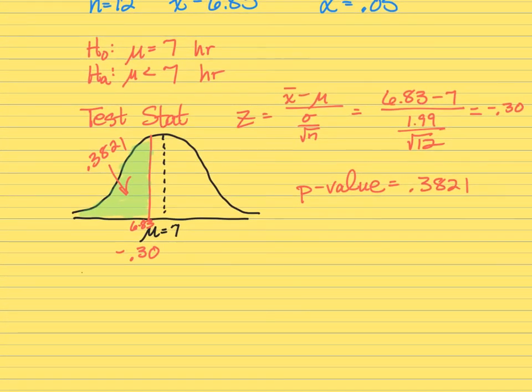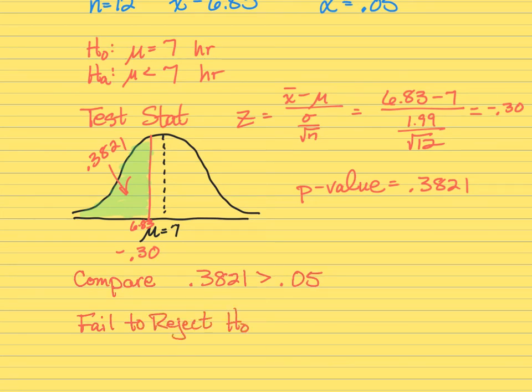Now remember what we do. Once you have your p-value, you compare your p-value to your significance level. 0.3821 is definitely bigger than 0.05. And if our p-value is bigger than the significance level, we fail to reject the null, which is to say we can't say that they are wrong.